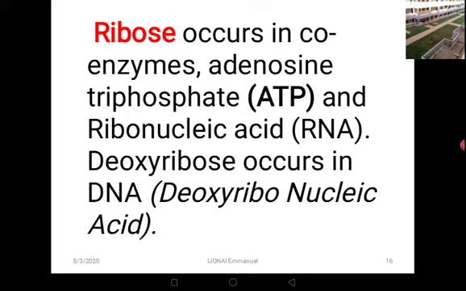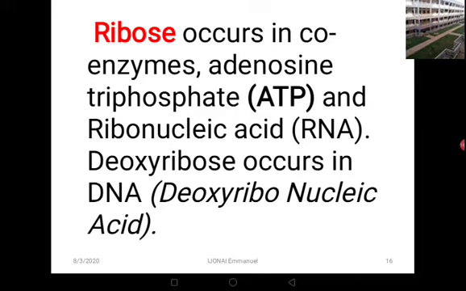Deoxyribose is a major component sugar of the DNA, the deoxyribonucleic acid. So RNA and ATP have the sugar called ribose, the ribose pentose sugar, and then the DNA contains the deoxyribose sugar. That's why they are called deoxyribonucleic acid, DNA.